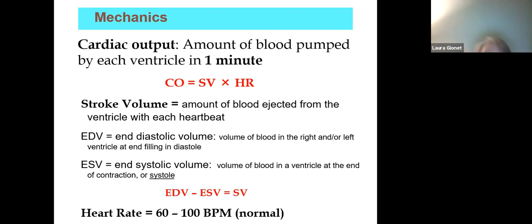And so the difference between what you started with and what you ended with, right? EDV minus ESV is your stroke volume, right? So that's how much blood is going to be ejected from the ventricles. Multiply that by your heart rate, which is the number of beats per minute, and that tells you what the cardiac output is, how much blood is being moved through the heart in 1 minute.